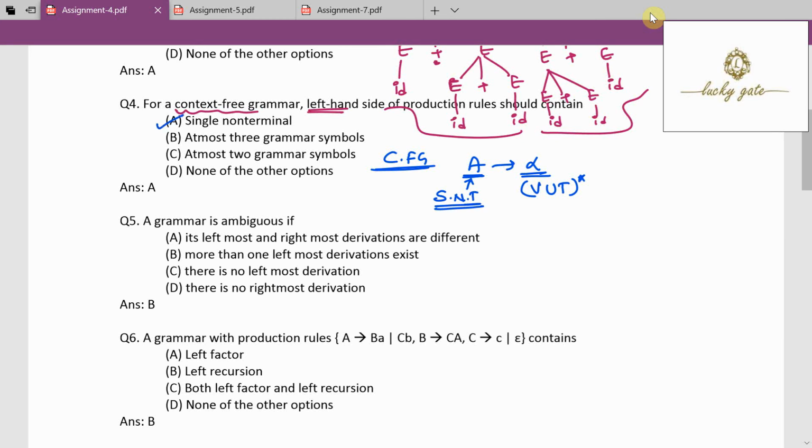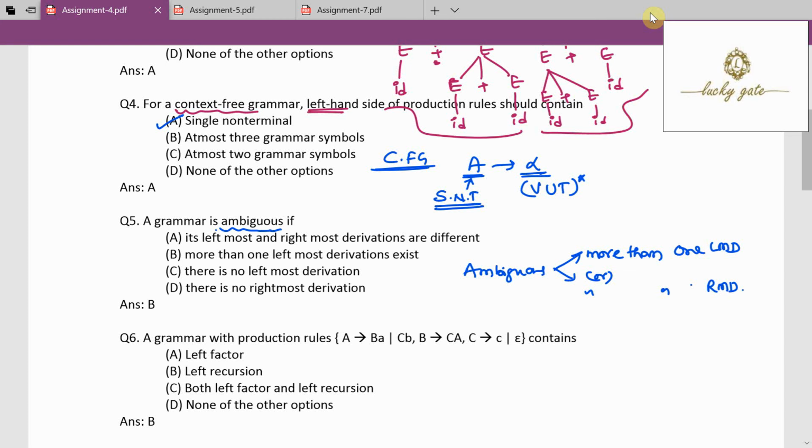Question number 5. A grammar is ambiguous, as we just discussed, if it generates more than one leftmost derivation or more than one rightmost derivation. What does it mean? An ambiguous grammar generates more than one leftmost or more than one rightmost derivation, meaning more than one LMD or more than one RMD.